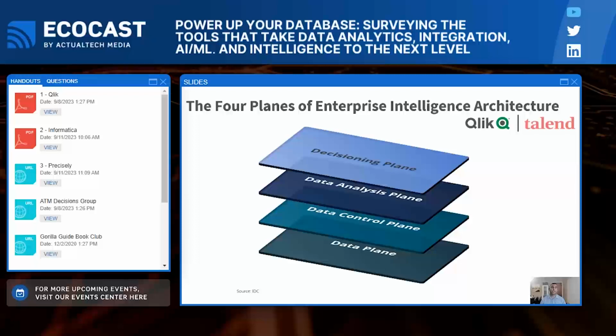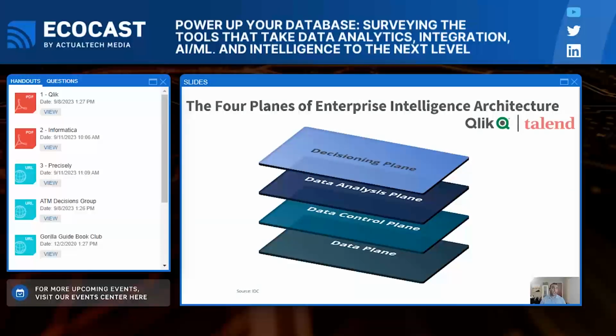The data control plane leverages intelligence about data to take control of data environments through governance and engineering. The data analysis plane helps organizations explore and envision data and insights. The decision plane has capabilities that enable decision design, engineering, and orchestration.